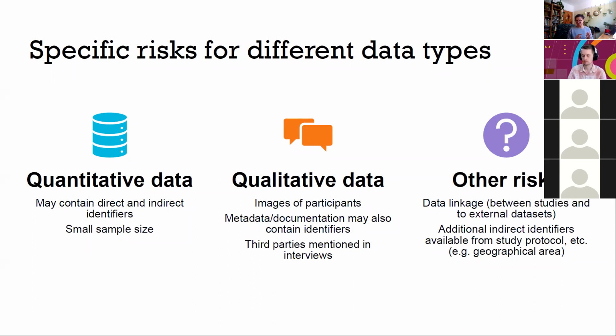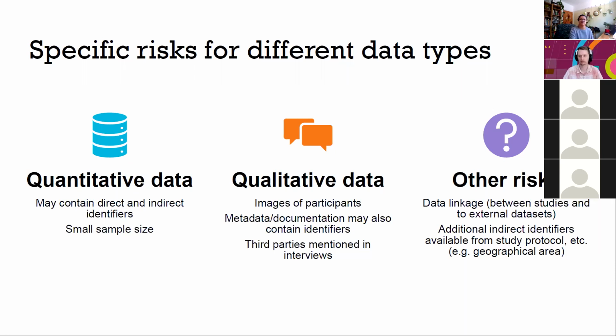So for example, you're collecting data on victims of domestic violence who've attended a particular clinic, and you may not make any mention of location in the data set, but you've got information on, say, how many children these people have and what kind of job they do. Then when you link that with the information on the clinic that is in the manuscript or the protocol, you've suddenly got much more information about where this particularly vulnerable group could be located.